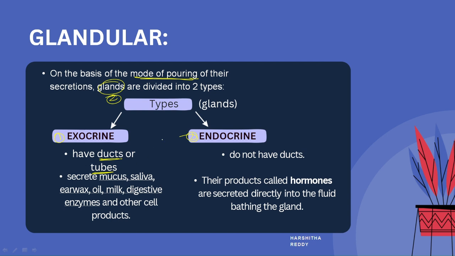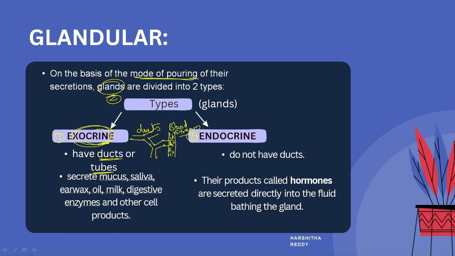If you take this as a bloodstream, the secretion of these exocrine glands will get into the bloodstream through these ducts. Then those glands are called exocrine glands.